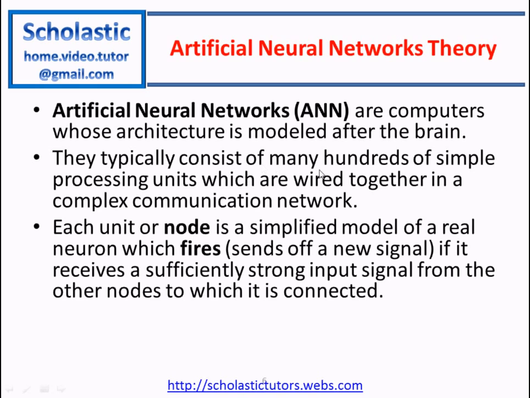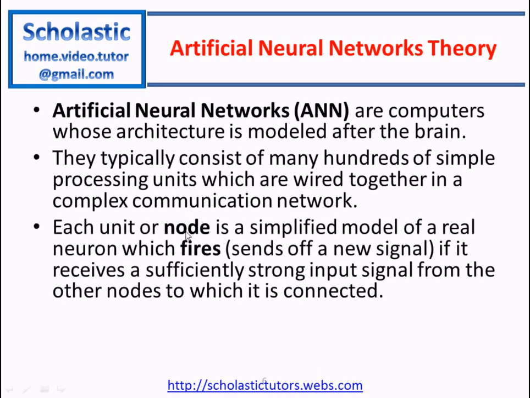They typically consist of many hundreds of simple processing units which are wired together in a complex communication network, and each unit or node is a simplified model of a real neuron which fires a new signal if it receives a sufficiently strong input signal from the other nodes to which it is connected. So we'll see how to visualize this one.